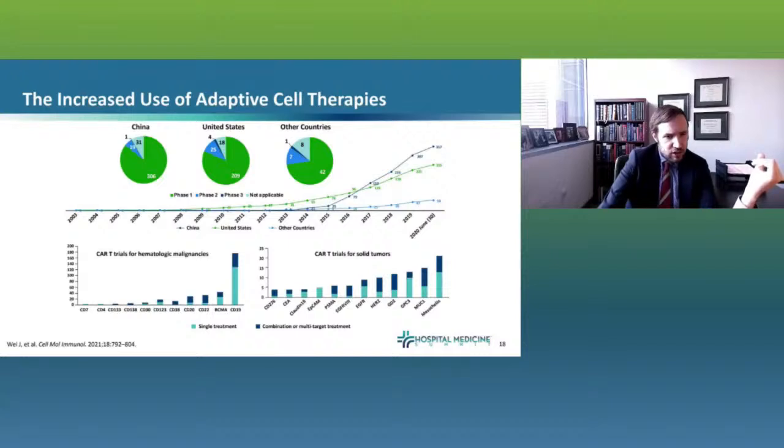And you can see a breakdown for some of the targets there. The CD19 on the right, that's the one that we see for lymphoma, and that's why most of them are there. But BCMA, we do for myeloma. But CAR T for solid tumors, we are looking high and low for good targets for CAR T in the solid tumor world. Don't have a whole lot of success yet, but we're working on it.